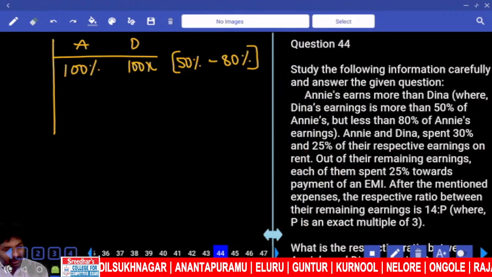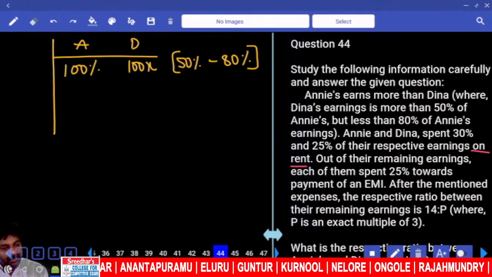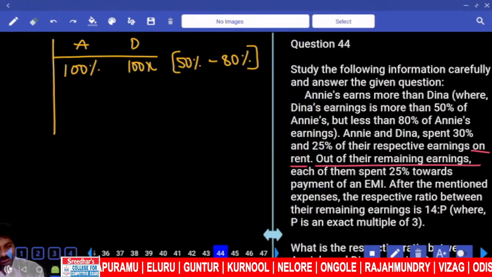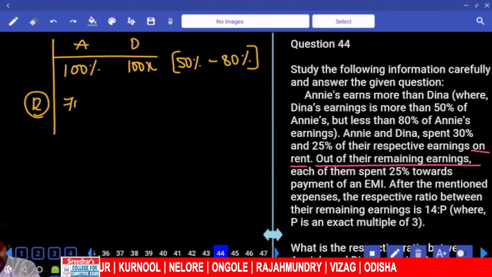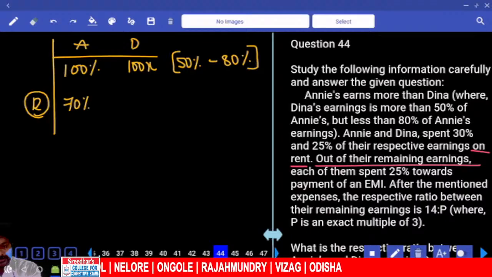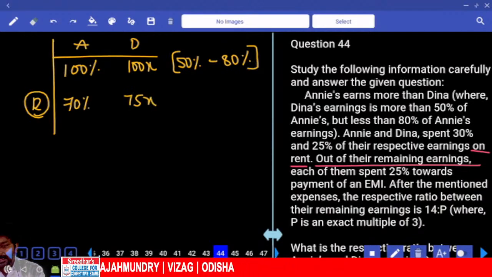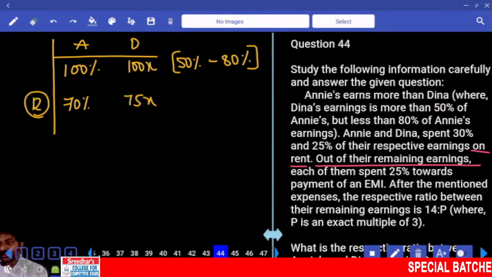Towards rent. Out of the remaining income, remaining is 70% here, 75x here. Annie spends 30%, Deena spends 25% towards rent. Remaining values are 70% and 75x.